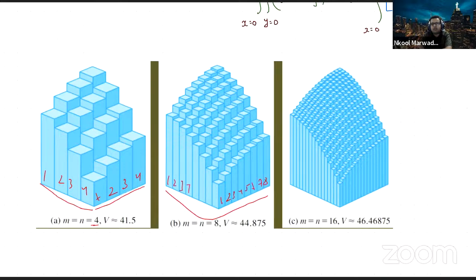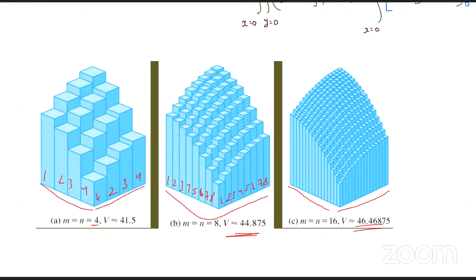And here the volume is increasing more because we have 16 rectangles. We have broken x and y into 16 parts, and we can break it into infinite parts. And when we do that, we will get 48 as the answer.